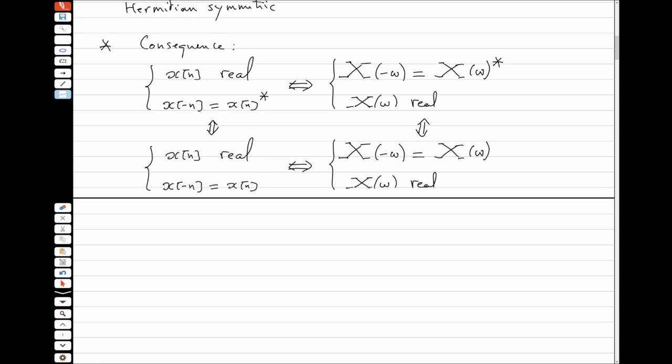Now, can somebody tell me a much shorter way to express these two properties? X of n, instead of writing this, can you phrase this in a much shorter way? X hat of n. Say it again.